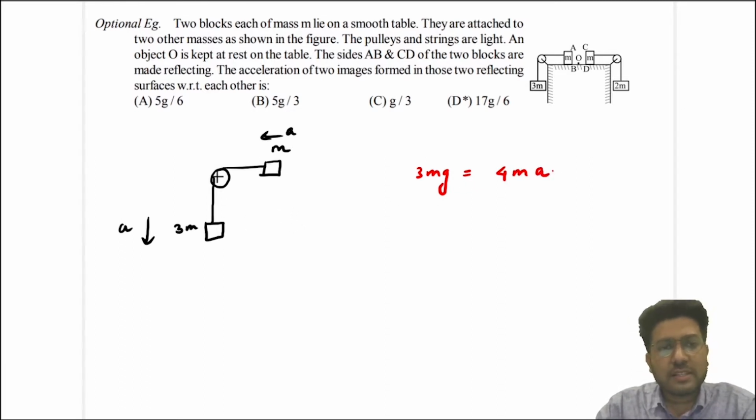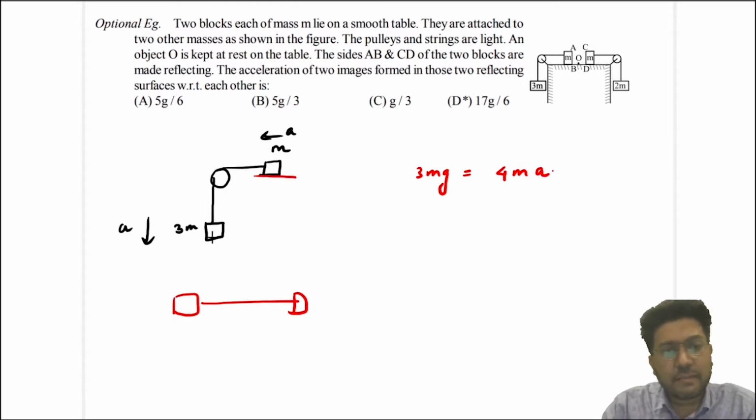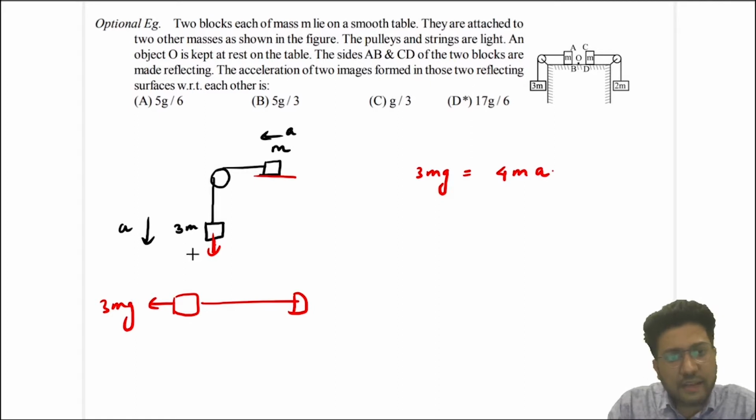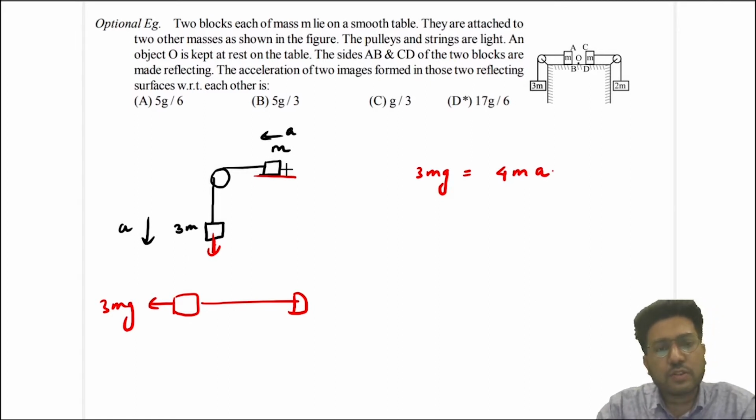You can imagine that you have opened this string, and on this side there is no force of gravity, but on this side there is a force of gravity 3mg. So you can draw it like this. Imagine that you have opened it. The 3mg force is towards left, and here there is no force of gravity in this direction because this is horizontal.